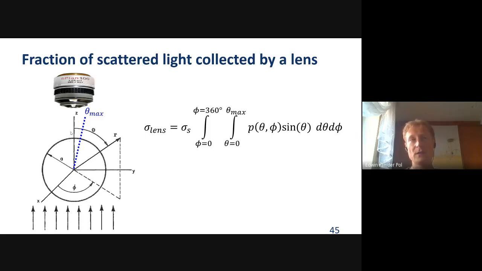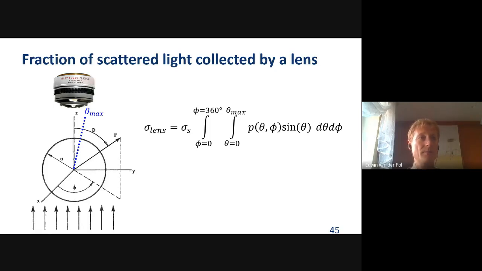Usually this is the same in most optical textbooks. The illumination usually comes from the bottom, and then the illumination light propagates in the positive Z direction. The detection could, of course, be anywhere. In this case, I placed the lens in the positive Z direction. Of course, there is the X, the Y, but also the spherical coordinates.